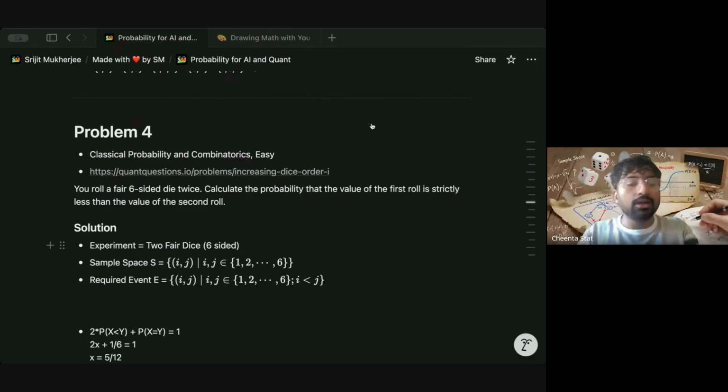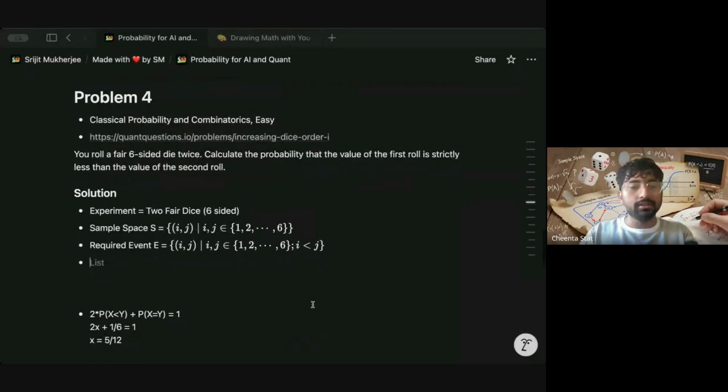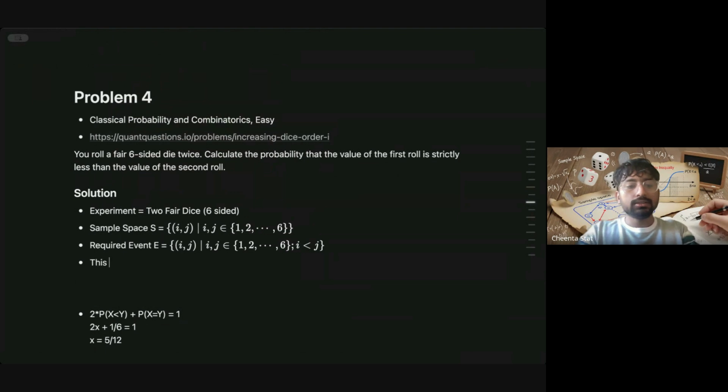Okay, great. Now the next step is finding the probability. As you can understand, this is a classical probability problem. Why classical probability? Because each sample element is equally likely, because of the fair die assumption.